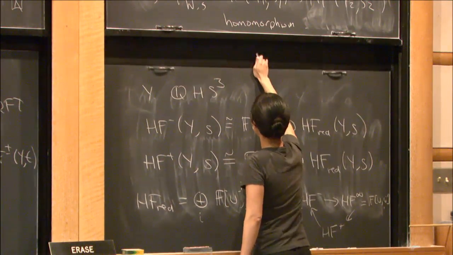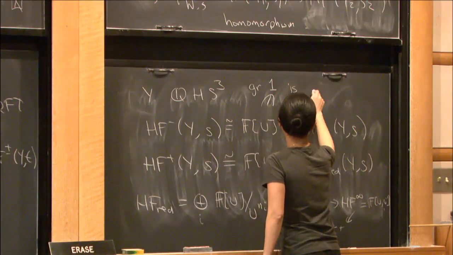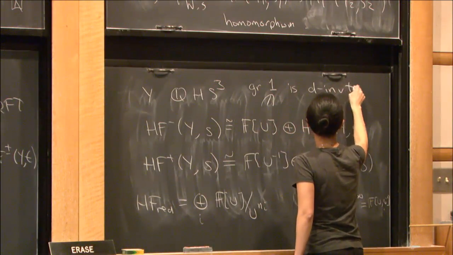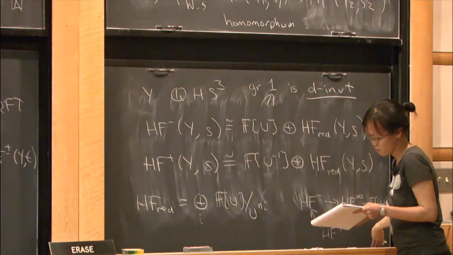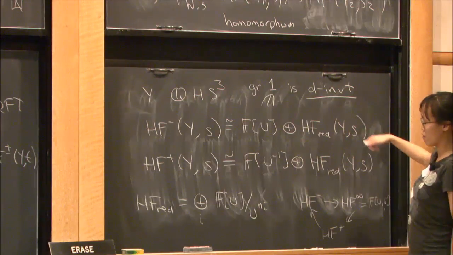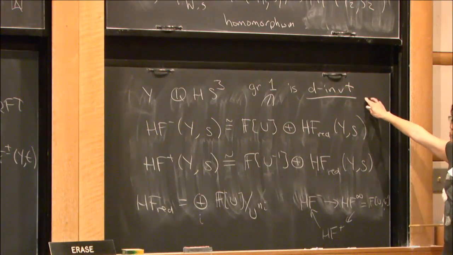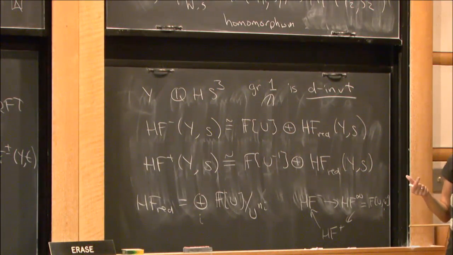So the grading of 1 sitting in here is the d-invariant. And the d-invariants are invariants of rational homology cobordism. They give a homomorphism from the rational homology cobordism group to the rational numbers. So in particular, the d-invariant reverses sign under orientation reversal.